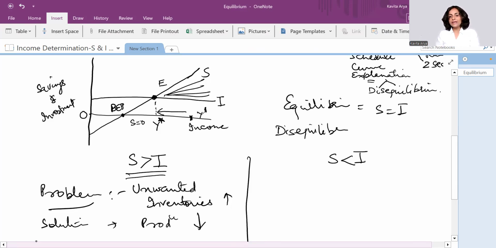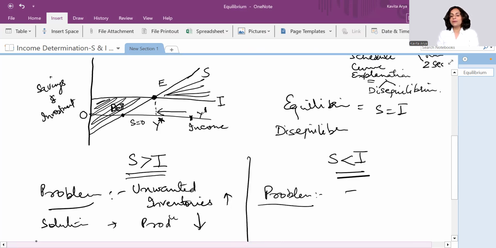And when we talk about S lesser than I, S lesser than I is in the initial phases or till it reaches equilibrium. The whole coverage is before Y star level. So it means I'm talking about this. See my pen. Where is it moving? So S is lesser. Savings are less. It means people are not saving. They are spending.